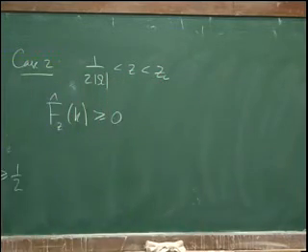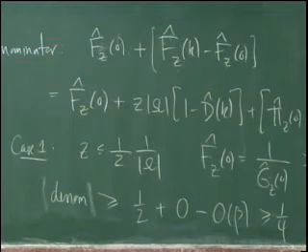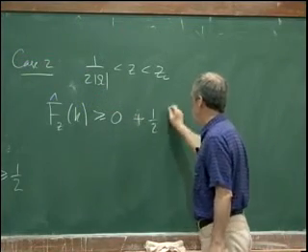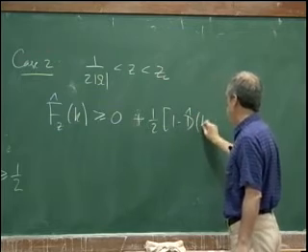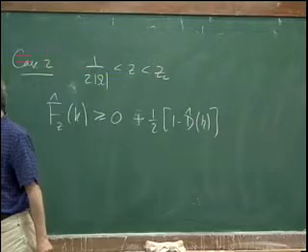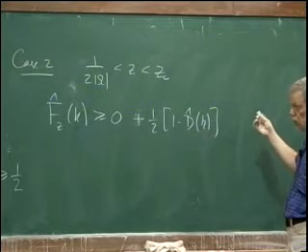But here we do get some help because this is not disappearing on us. This z times omega is at least 1/2. That's the situation that we're in here. So we have plus 1/2 1 minus d hat of k. And then we use the bound on f3 to tell us that this difference between pi 0 hat and pi hat k is bounded above by a small multiple of 1 minus d hat.